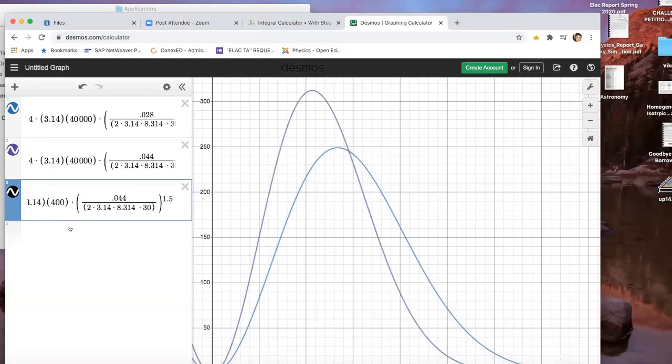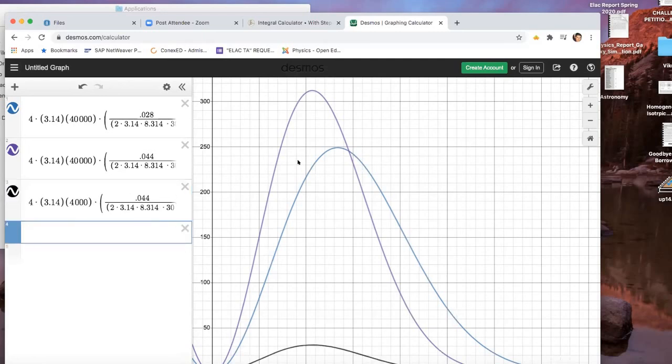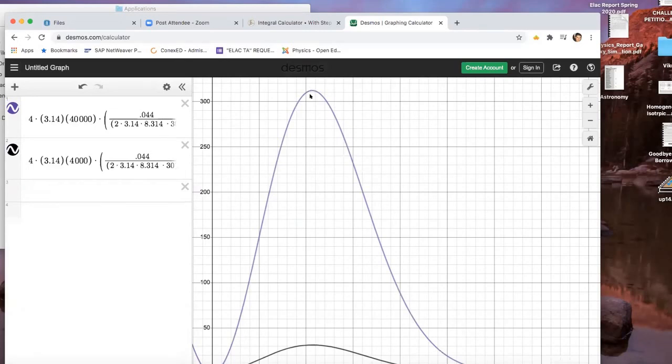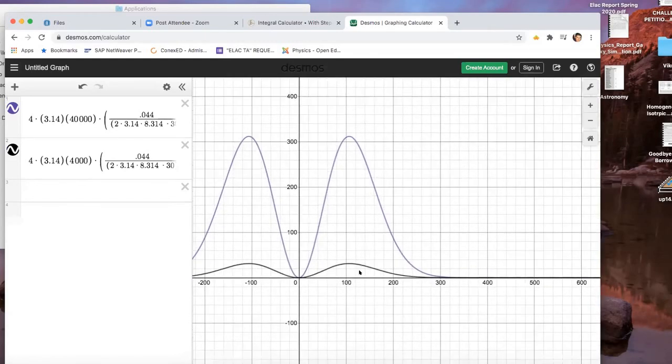Let's say 400 particles, or let's say 4,000 particles. Now let's eliminate this guy. So this is both carbon dioxide, but one is a container that contains 40,000 particles, and the other one is a container that contains 4,000 particles. What's the only difference?